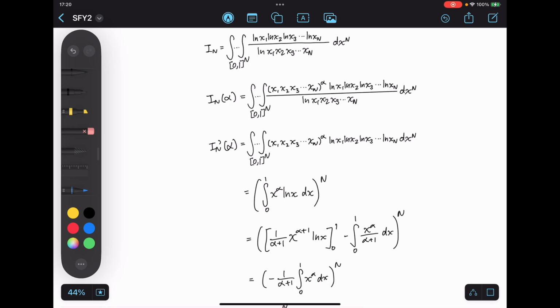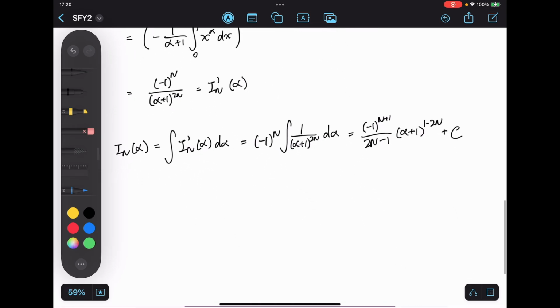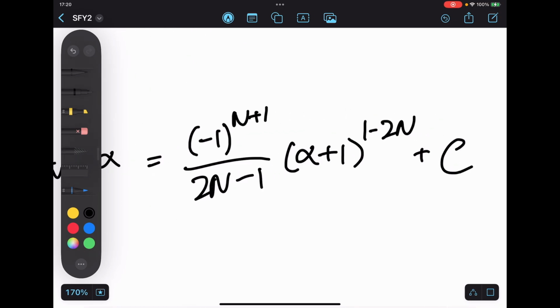We're going to take the limit on both sides as alpha goes to infinity. The left side is going to be equal to 0. On the right side, alpha blows up to infinity, but 1 minus 2n is a negative number, so that's fine, because n will always be greater than or equal to 1 as an integer.